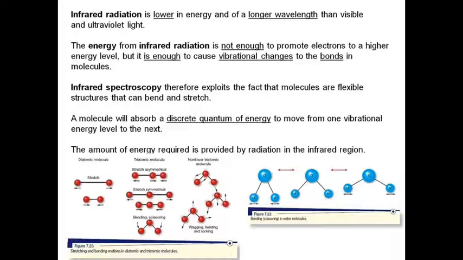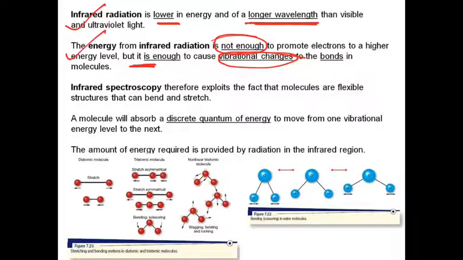As I've said previously, infrared radiation is lower in energy than the other techniques that we've used, and it has a longer wavelength than visible and ultraviolet light. Therefore, the energy from infrared radiation is not enough to promote electrons to a higher energy level, but it is enough to cause vibrational changes to the bonds in molecules.